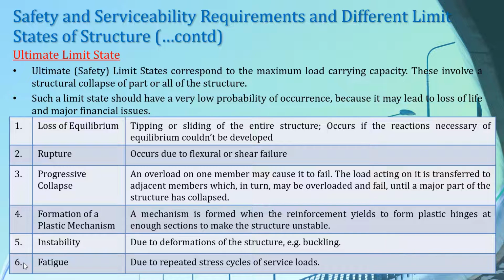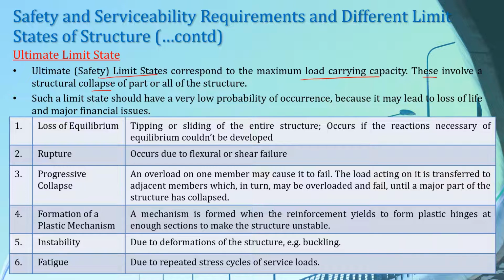Let's look at some ultimate limit states now. Ultimate limit states, which you can also call safety limit states, correspond to the maximum load carrying capacity. So these limit states involve a structural collapse of part or all of the structure.